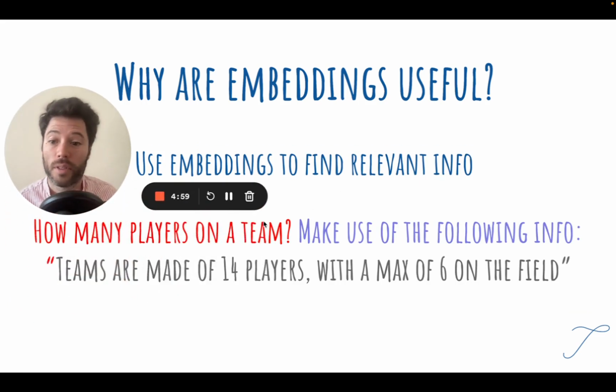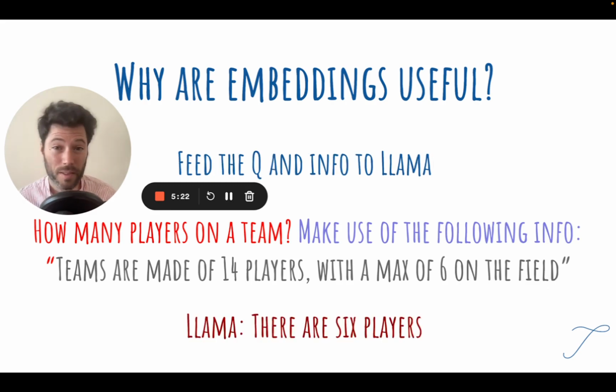For example, we can say how many players are on a team, make use of the following info. And then using an embedding search in the rule book, we can pull out paragraphs that we think are relevant and insert them here as useful info. This will greatly improve the performance of Llama because it's providing relevant context.